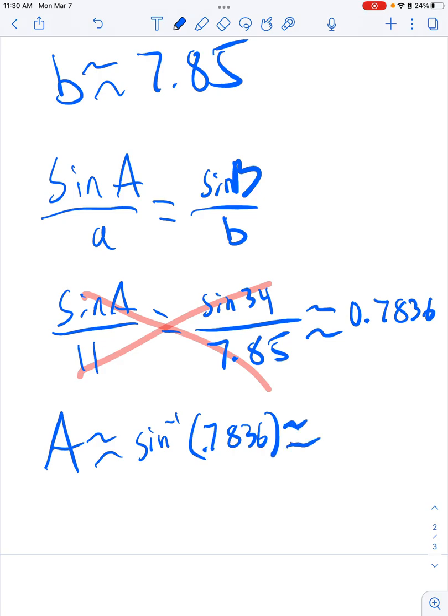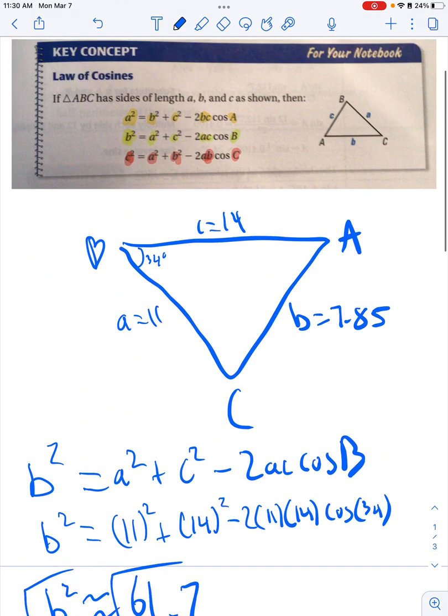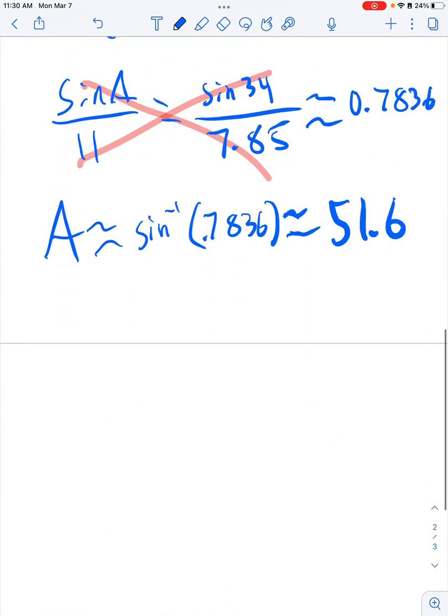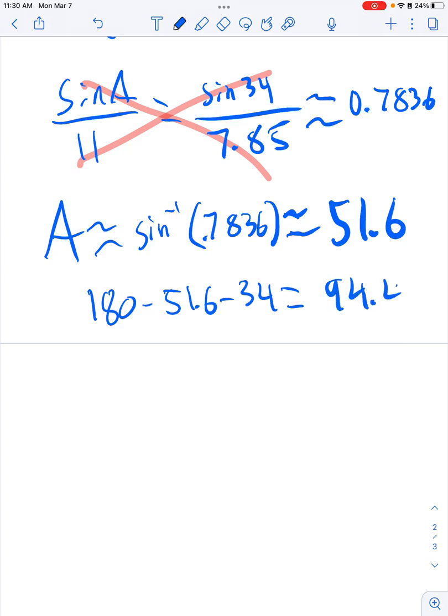The inverse of 0.7836 is approximately 51.6 degrees. If I know that angle B is 34 and angle A is 51.6, I can take 180 and subtract what I know to find that angle C is about 94.4 degrees.